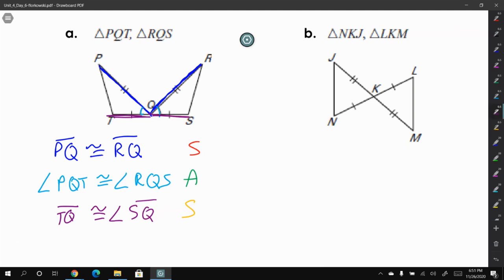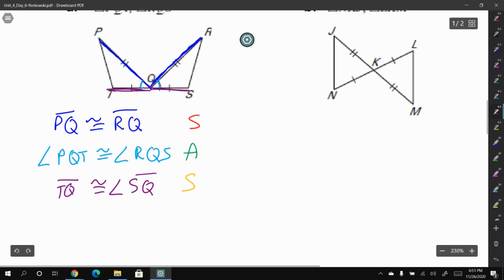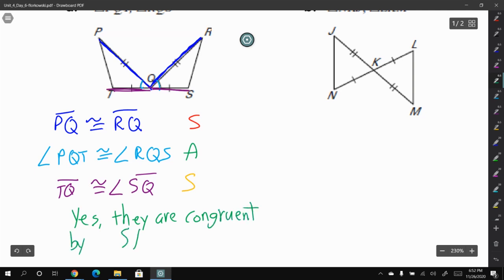The light blue angle is the included angle between my blue and purple side in the left triangle and the right triangle. So yes, these are congruent by SAS, or side angle side.